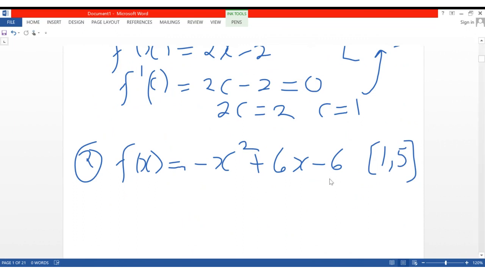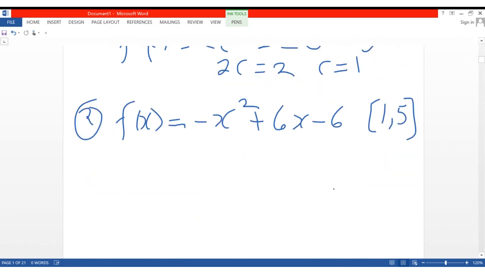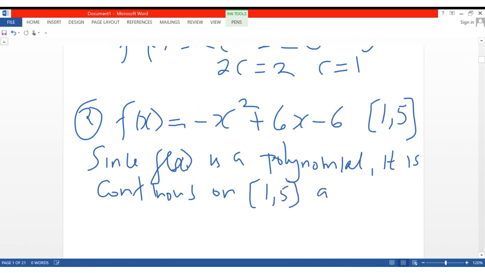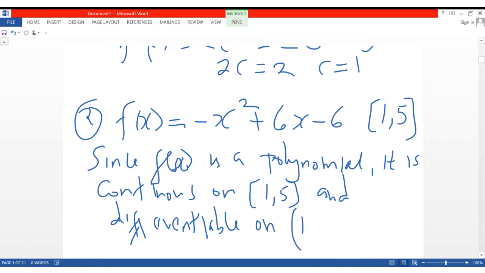Now, the first thing is to confirm the conditions for Rolle's theorem. Since f of x is a polynomial, it is continuous on the closed interval 1, 5, and differentiable on the open interval, you just change the brackets, 1, 5.